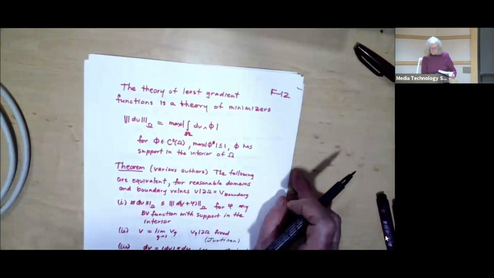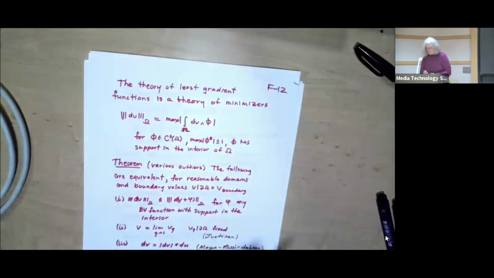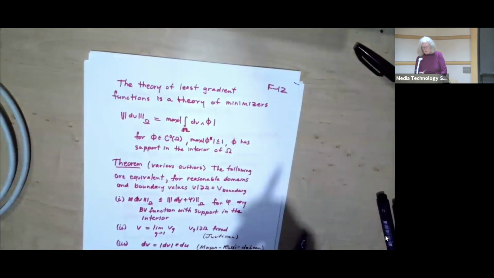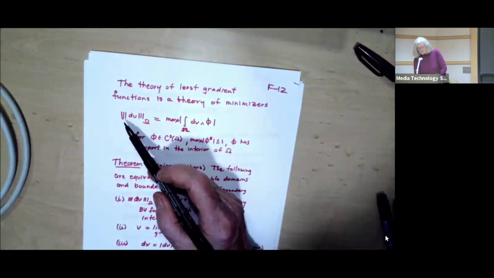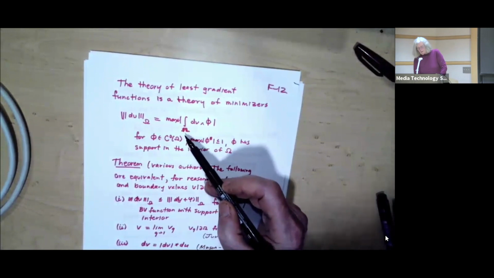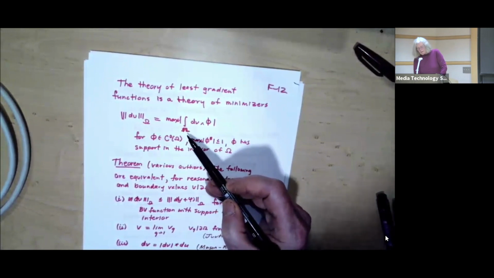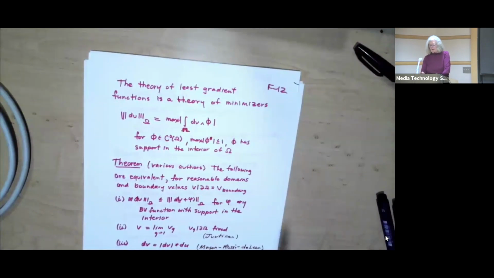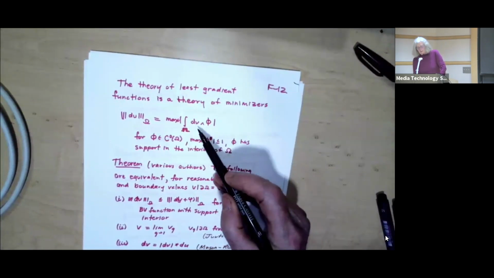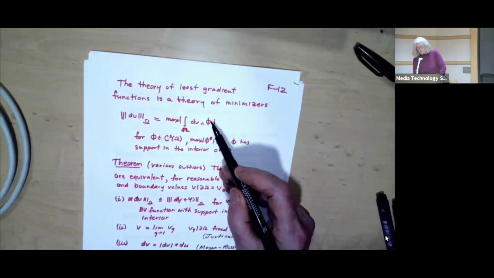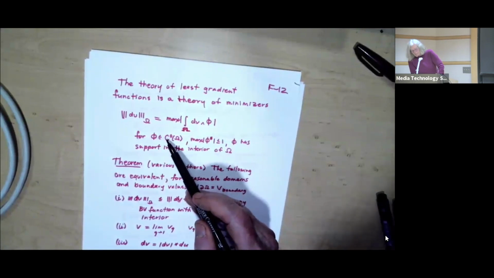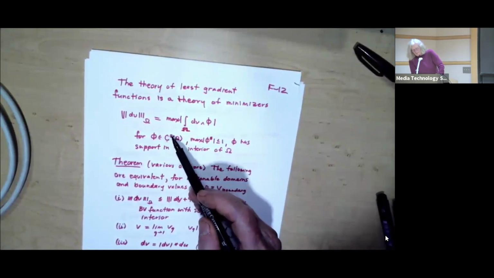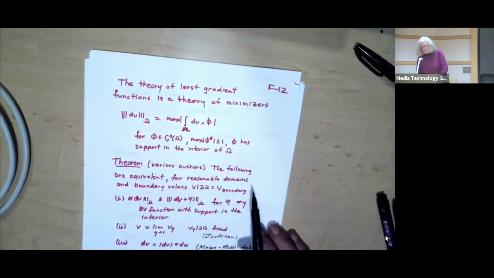So the theory of least gradient functions is a theory of minimizing a norm. I'm going to define this as the maximum of the integral over the domain that I'm working in, and we can think of always doing this in a domain in hyperbolic space, of dV wedge phi, where phi is a one form, but it's in the continuous functions.